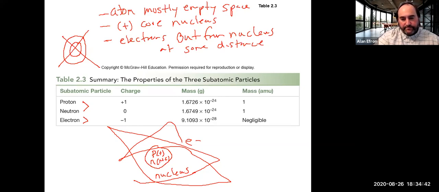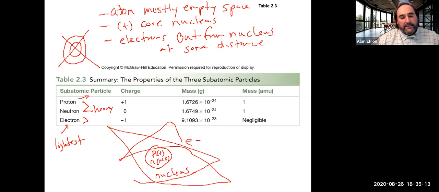What that means is the neutron is actually the heaviest of all of the particles. The proton is next, and the electron is the lightest of all three particles, with a mass of 9.1 times 10 to the minus 28 grams.